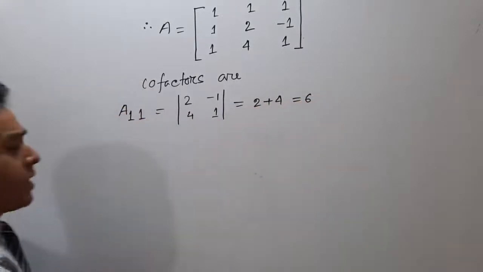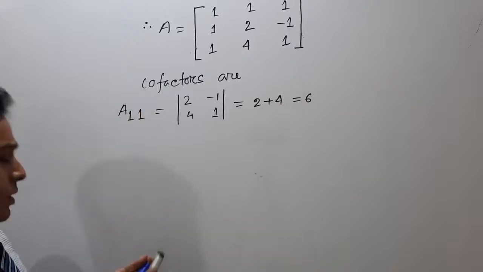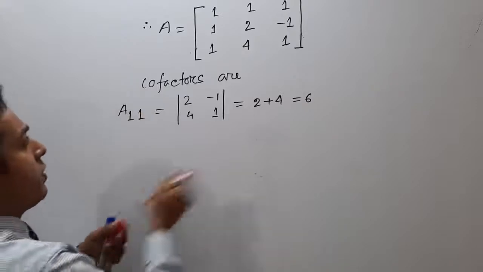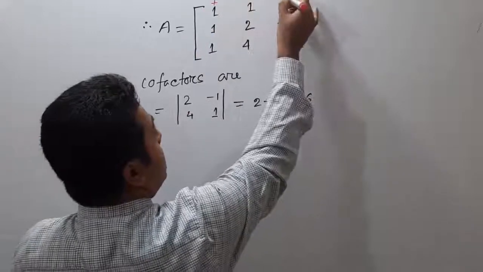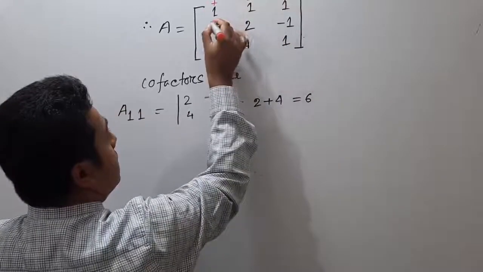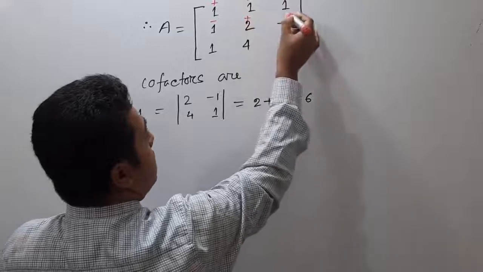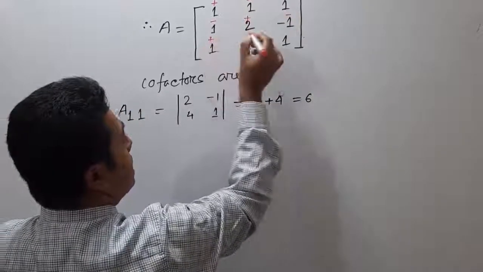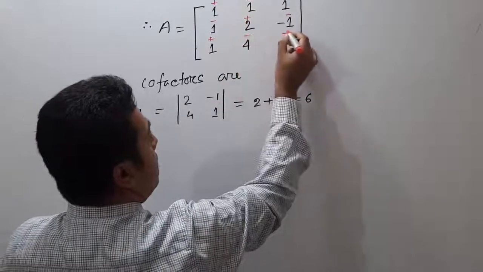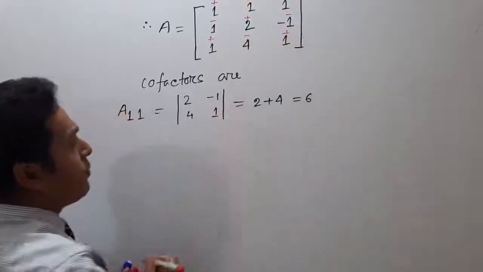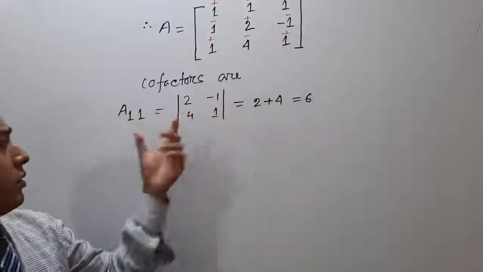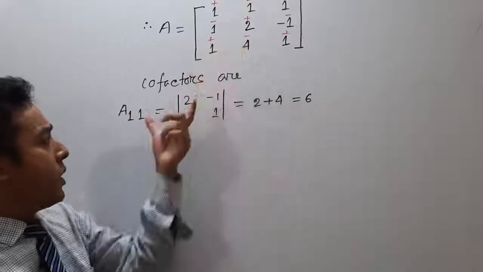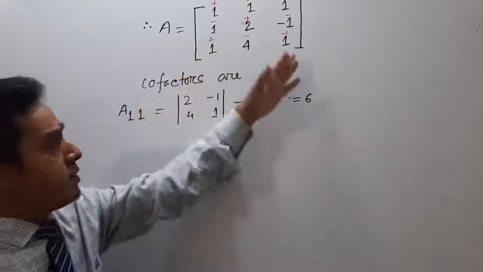But the signs of our cofactors respectively start from here: plus minus plus, minus plus minus, plus minus plus. So we can follow the sign of the cofactor this way.